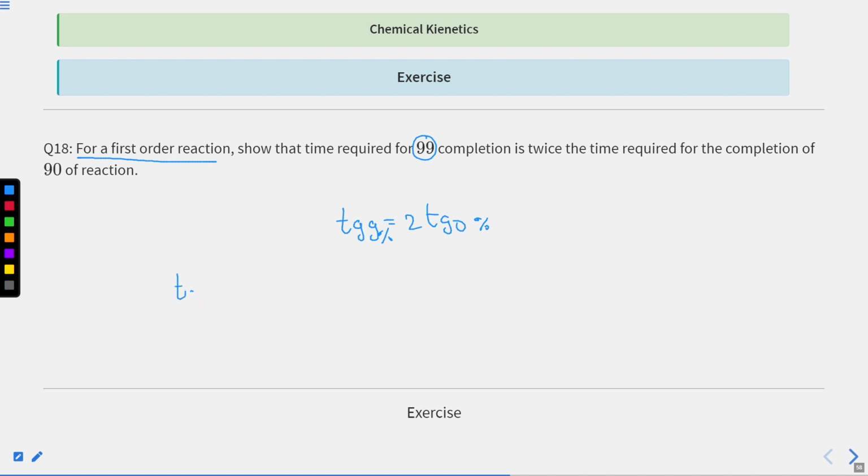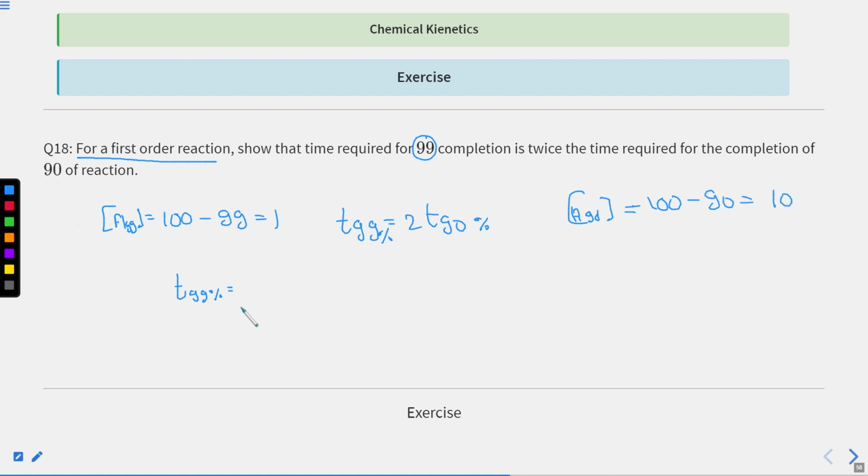If 99% has been completed or consumed, then what is the concentration that is left? Suppose initially it was 100 gram. Now 99 is being consumed, so we are left with 1, isn't it? Similarly, if I tell it for 90, then it will be 100 minus 90. 100 was initially, 90 has been consumed, so we are left with 10 here.